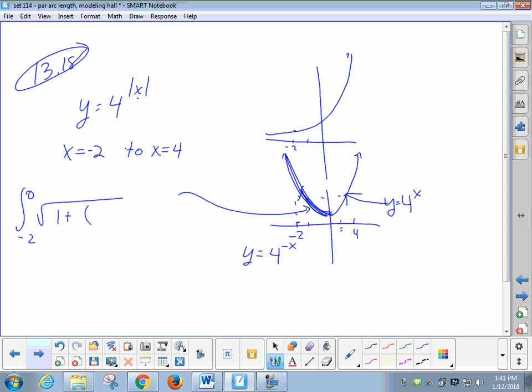1 plus, I don't remember how to take the derivative of exponentials anymore, although I taught it just this morning. There's a natural log in there somewhere. Anybody remember? It's something over ln. Oh, natural log of the base, isn't it, right? Yeah. Times, and with the negative because of the exponential, right?